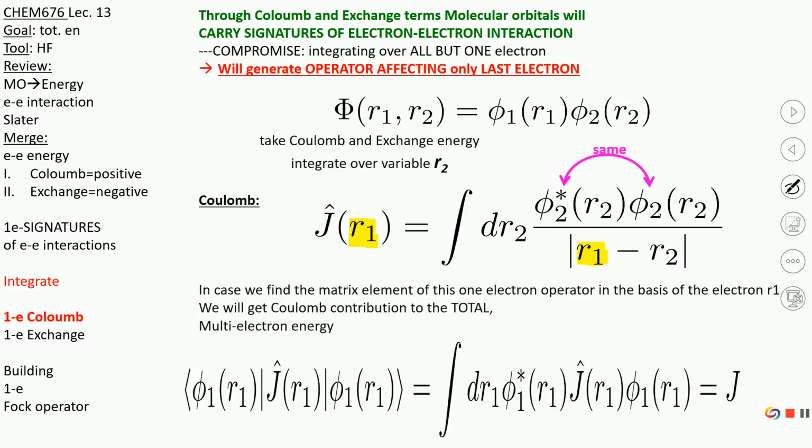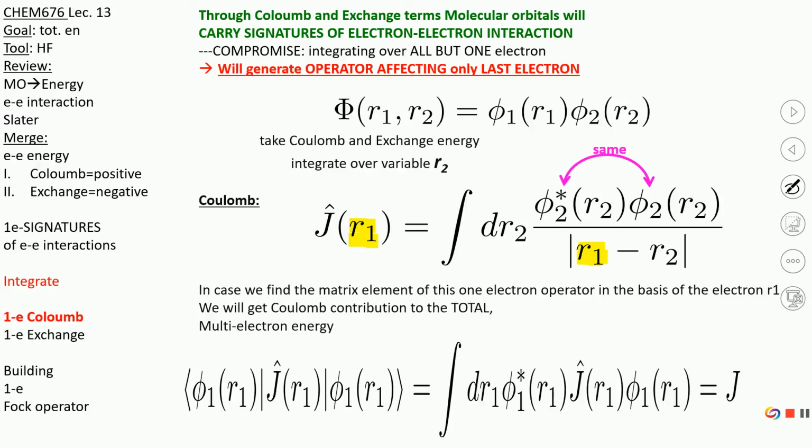So, the intuitive Coulomb term. If we design a procedure where we perform the integral only over R2, and then we use this thing, which we will call J of R1, to be integrated over R1. This will be the repulsive term.